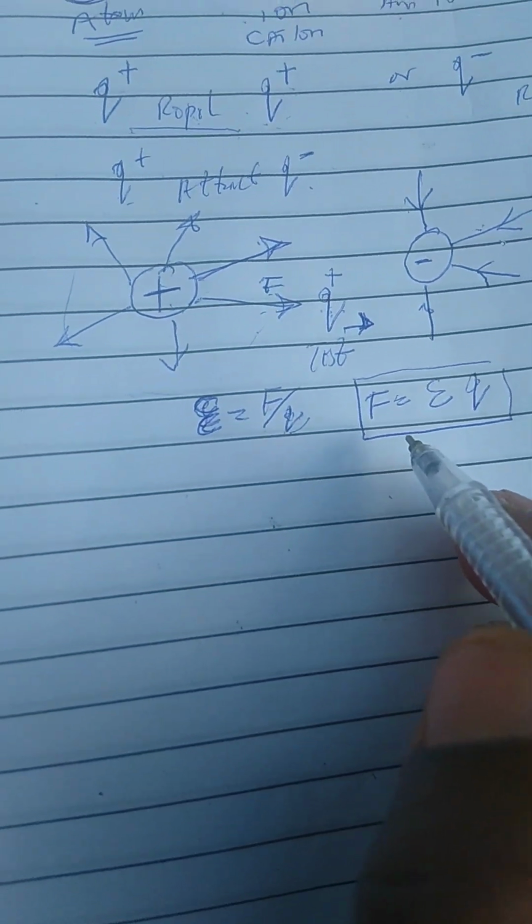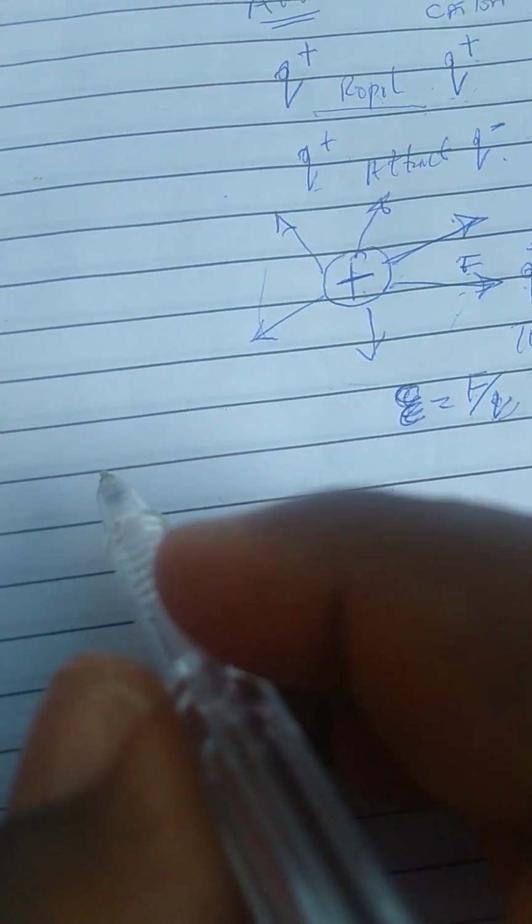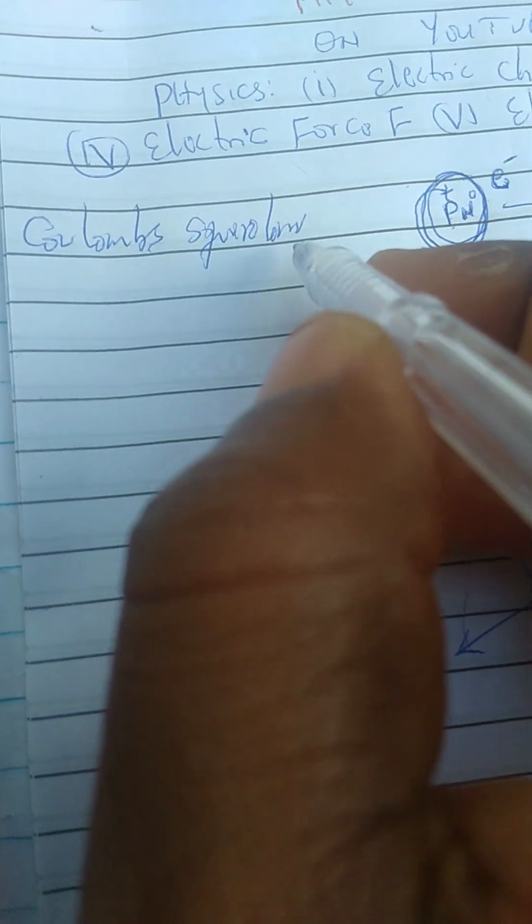Now, we have what is called Coulomb's inverse square law. What is it talking about?